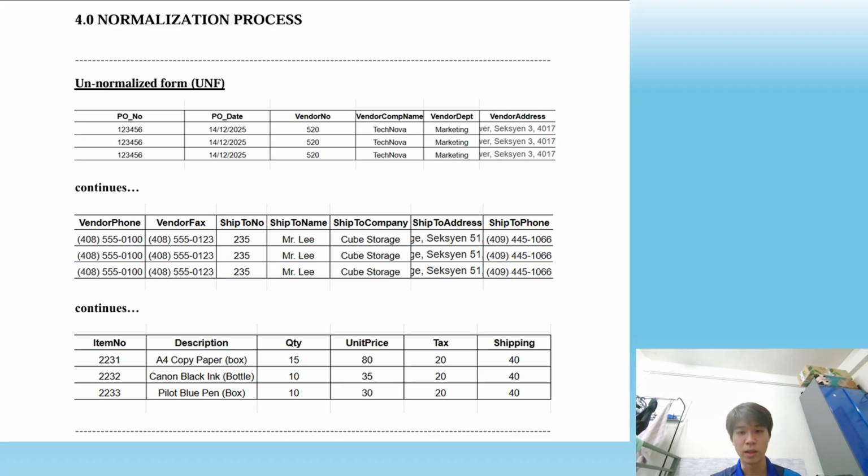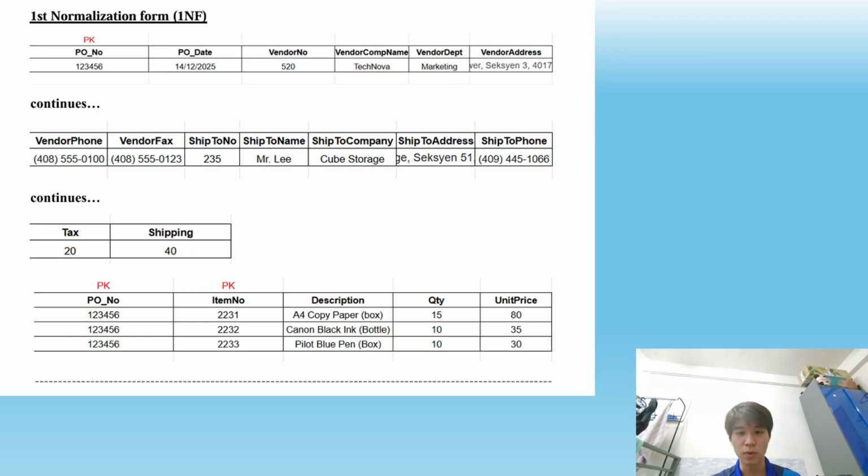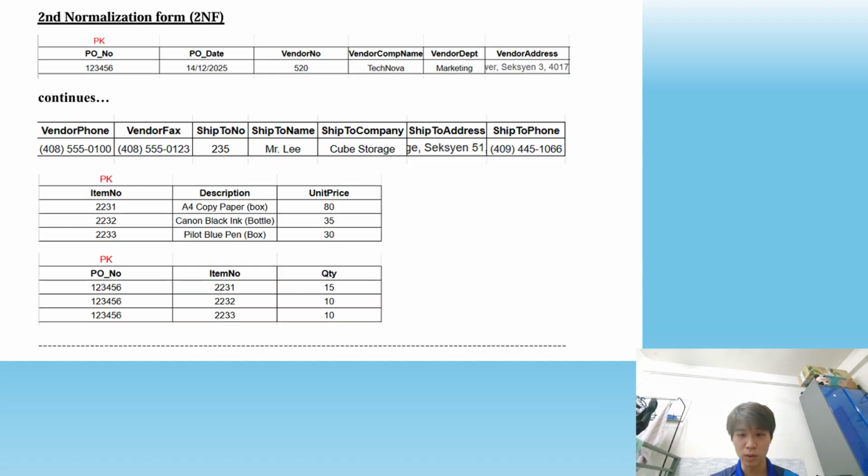Next, I will present about the normalization process. Firstly, we have our unnormalized form, which contains purchase order number, purchase order date, vendor number, until the tax and shipping. After that, we go through the first normal form, where we have to separate the repeating group.